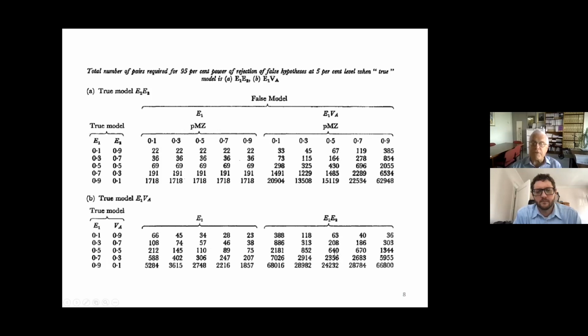You're already getting up to 800, 600 pairs of twins. So that's telling you that most of the studies done up to that time, 1978, were nowhere near that number. And even for this modest case, there was really no hope of getting clear results.